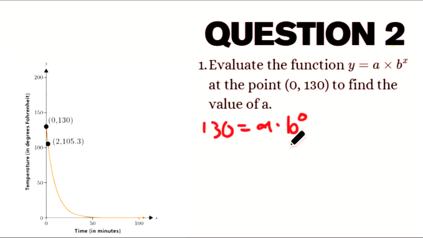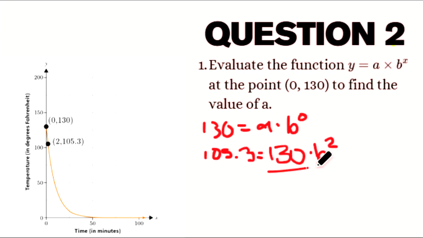Anything raised to a power of 0 becomes 1, so a is equal to 130. Okay. Then let's take our second point. We have 105.3 equals our value for a, which is 130, times b raised to the power of 2.